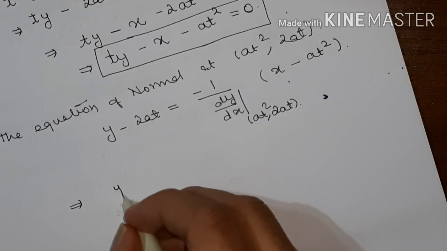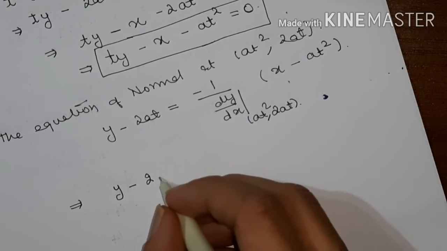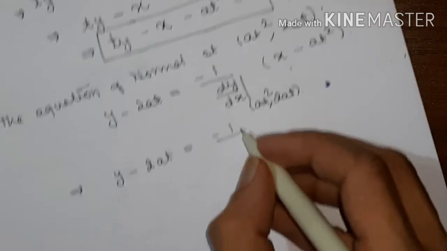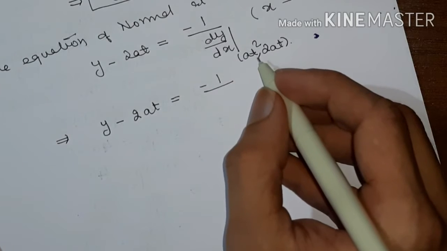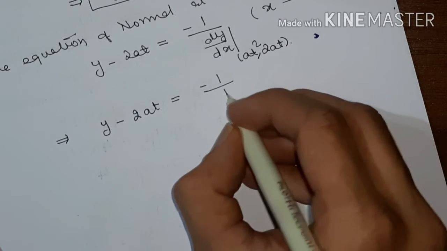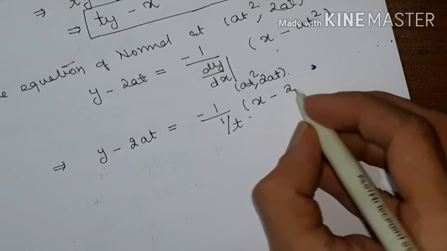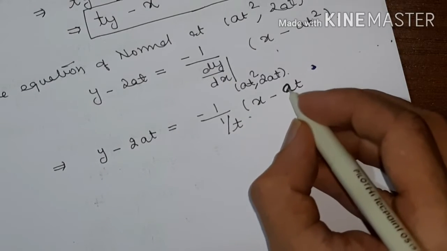Now what we get is y minus 2at equal to minus 1 by the slope of the tangent, which we saw is 1 by t, times x minus at².